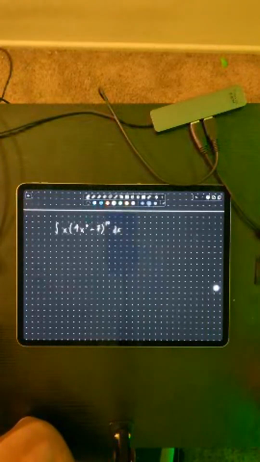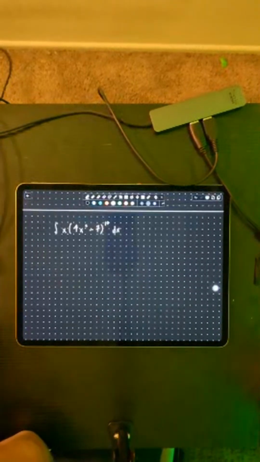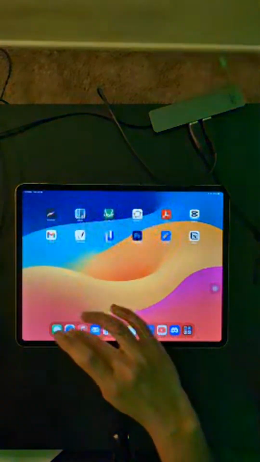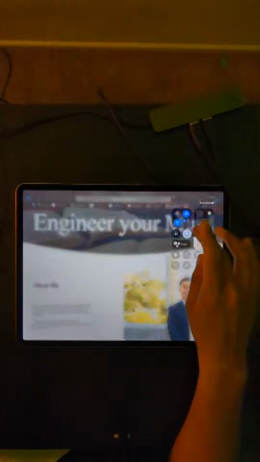This thing is bugging and this keeps happening. I do apologize. I do not like this software.